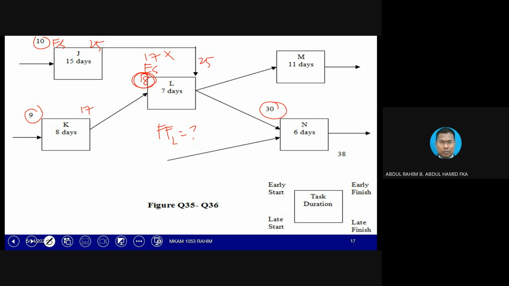If we use the same formula as before, we compare this early start with the early finish of L. 30 minus 25, we are going to get 5.